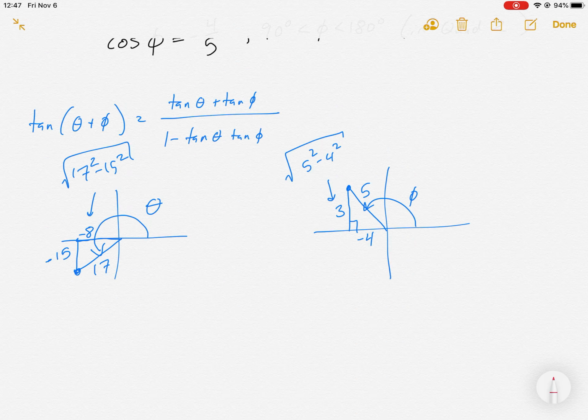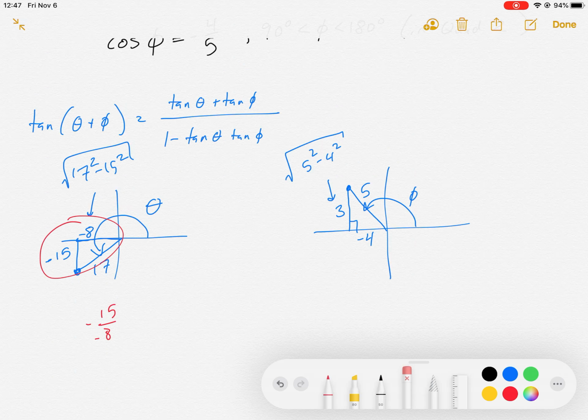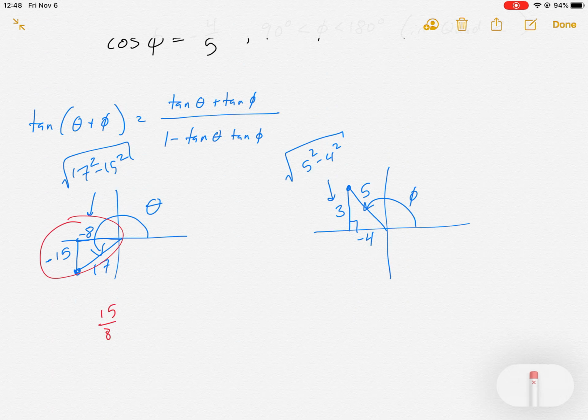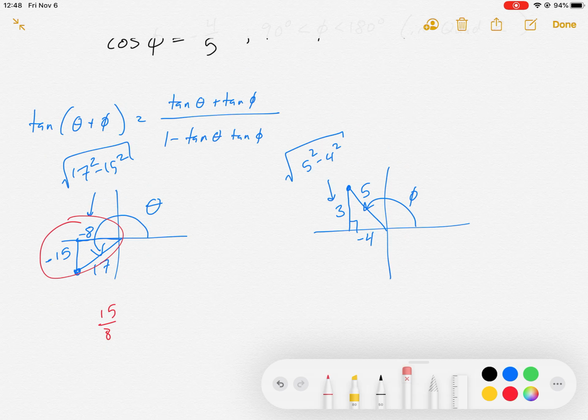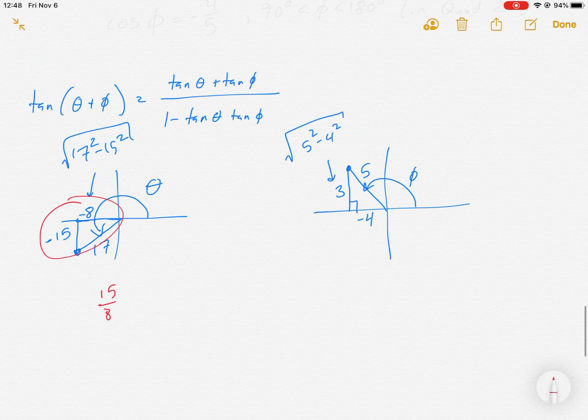So I have tangent of theta, so that's over here, negative 15 over negative 8. Which is really just positive 15 over positive 8. I'm now going to add tangent of phi, so that's over on this side, 3 over negative 4.